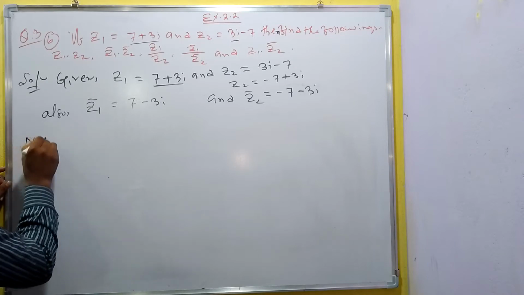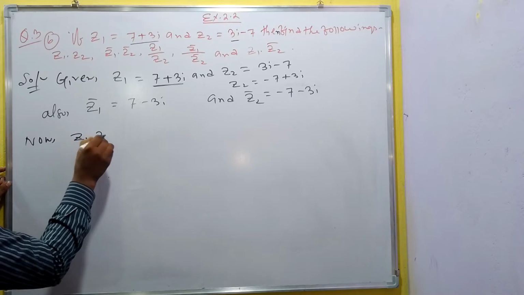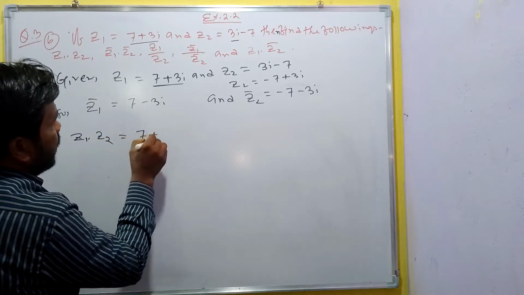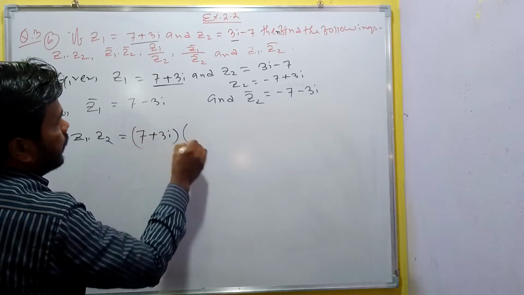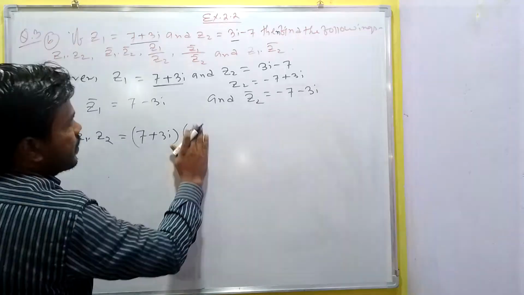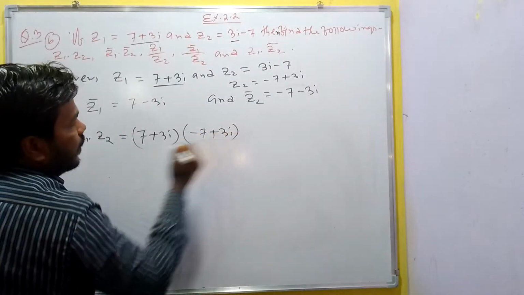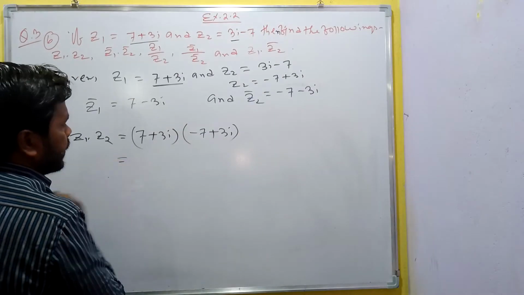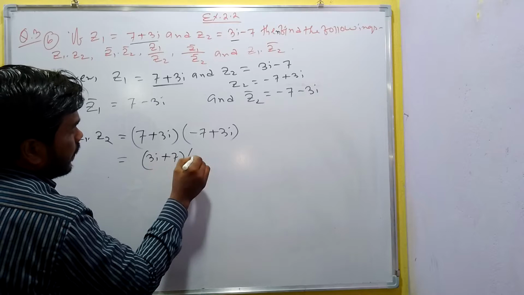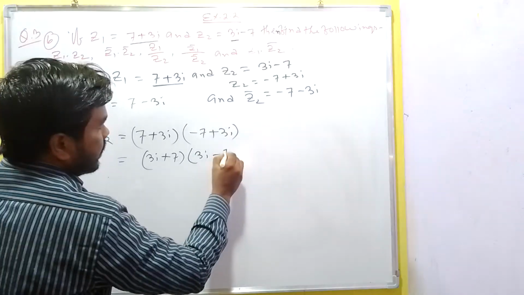Now we have to find z1 into z2. So value of z1, 7 plus 3i, into value of z2, minus 7 plus 3i. Now you have to write 3i plus 7, and 3i minus 7.